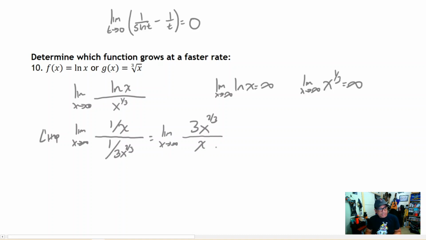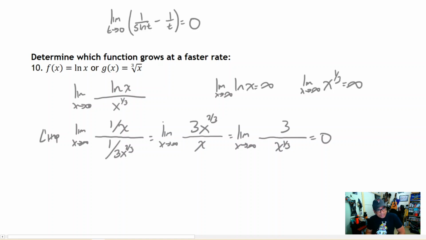That simplifies to the limit as x approaches infinity of 3 x to the 2/3 over x, which further simplifies to 3 over x to the 1/3 power. Now the numerator is staying constant and the denominator is growing without bound, so this limit is equal to 0.